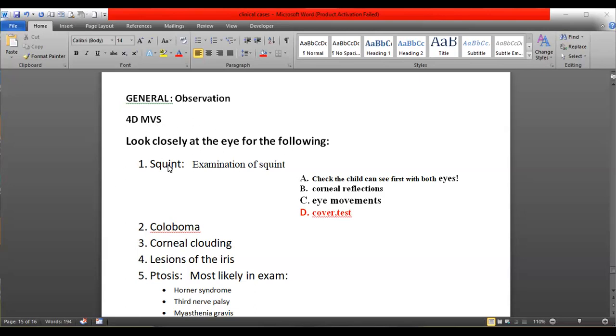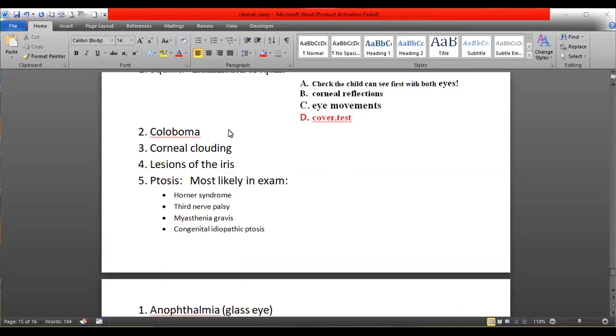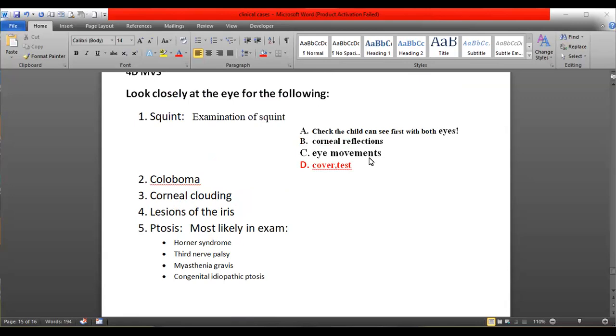After that, at the beginning, if you see there is a squint, then the examination technique will be like this. Check whether the child sees with both eyes or one eye, corneal reflection, and after that eye movement and cover and uncover test. These are the steps in a child with squint. Now, if there is coloboma or corneal cloud, maybe different types of findings, we need to do all the examination. So we need to do these 8 steps, but mostly if this is squint, we can do these steps. It is just ABCD for the squint.